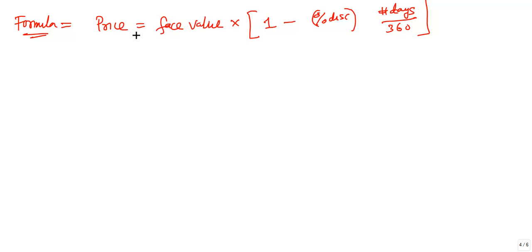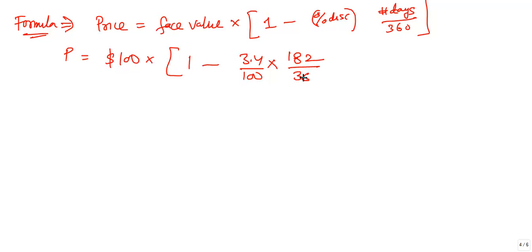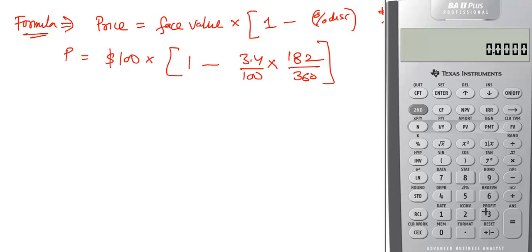If you want to solve it using the formula, the price is equal to face value into 1 minus the percentage discount into the number of days divided by 360. So the price would be $100 into 1 minus 3.4 by 100 into 182 divided by 360. So 3.4 divided by 100 into 182 divided by 360 is 0.0172.